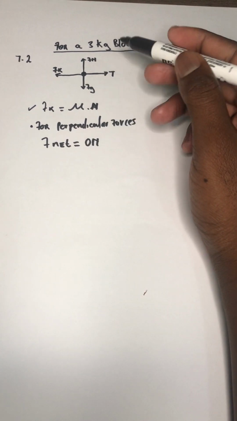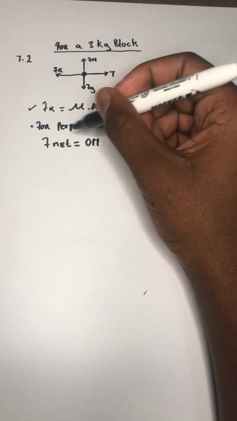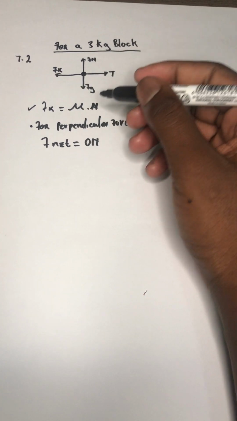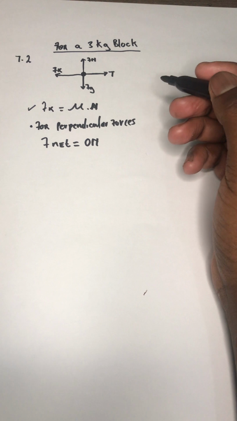Why is it 0 newtons? Because the object will accelerate to the right. It won't accelerate upwards or downwards, which means the acceleration is 0.